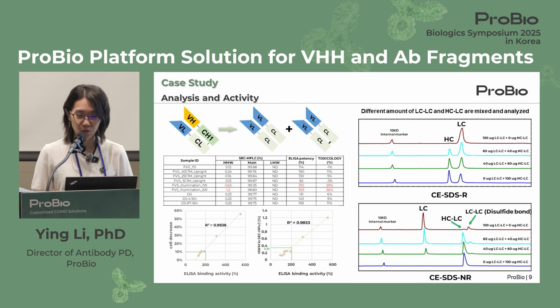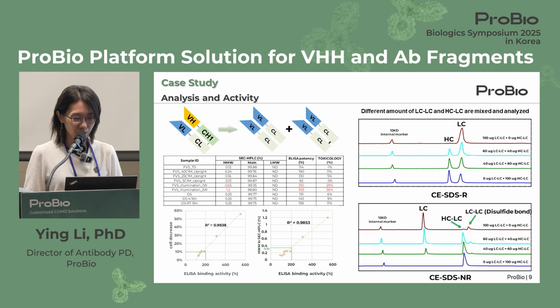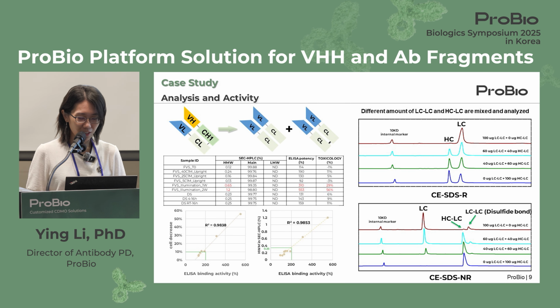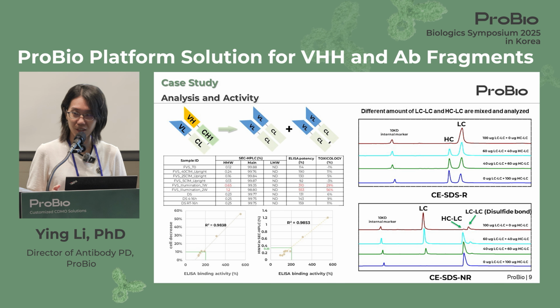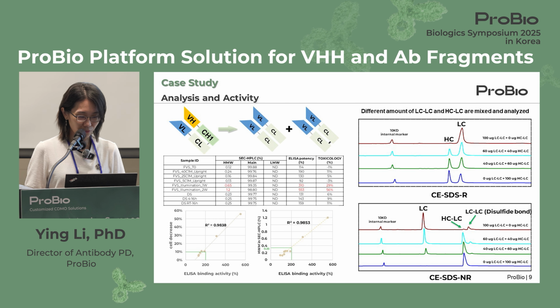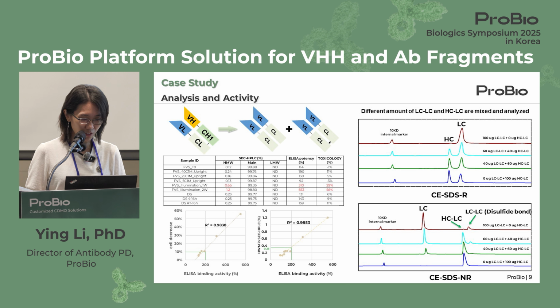Two additional points to be highlighted for this molecule. You can see the graph on the left-hand side. This molecule is kind of special in the sense that it requires very high SEC purity in order to prevent the toxicity of this molecule. As you can see from this graph, the ELISA binding activity correlates strongly with the high molecular weight species.